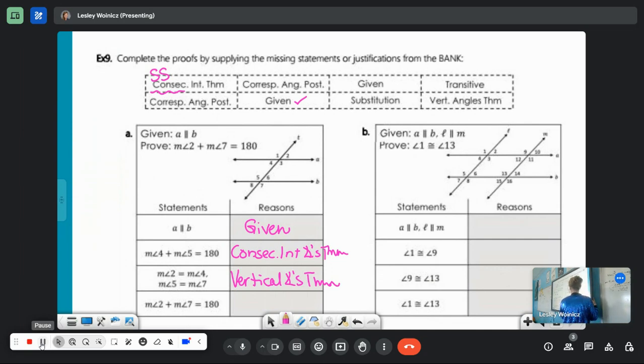Okay, look. I have measure of angle 2 is equal to measure of angle 4, so what got put here? I have measure of angle 5 is equal to measure of angle 7, so what got put there? Do you see it? We swapped. What's the fancy math way to say swapped? Yeah, it's the substitution property.